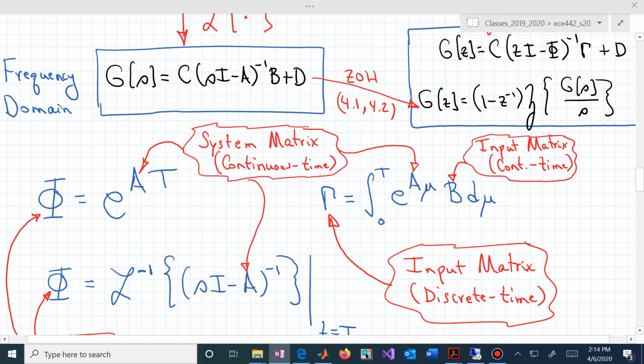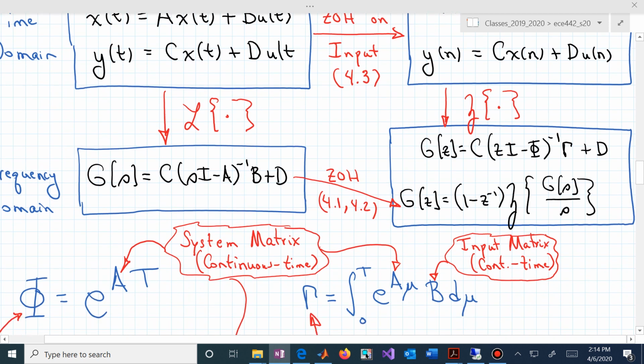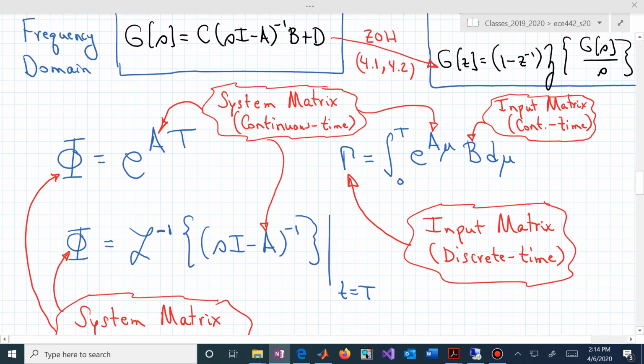The zero-order hold equivalent, where this horizontal action is described in lecture 4.3, is where we're holding the input constant in between samples. That's the zero-order hold characteristic.